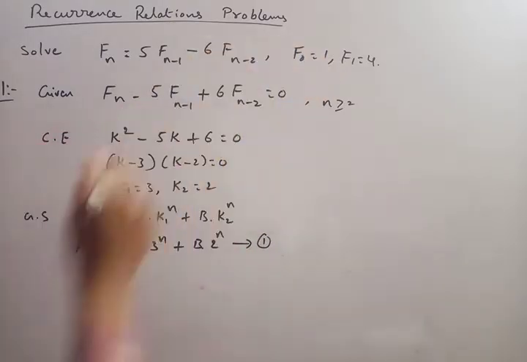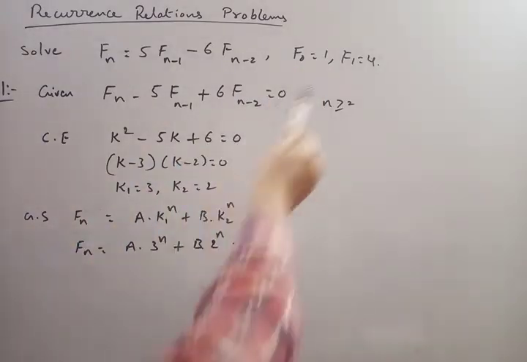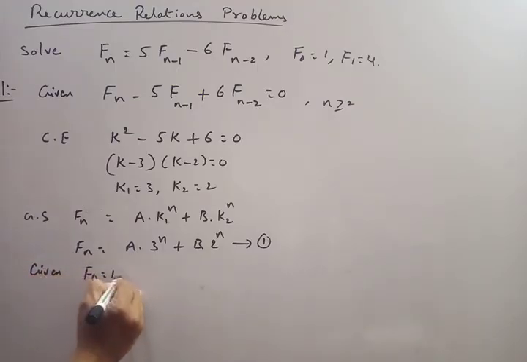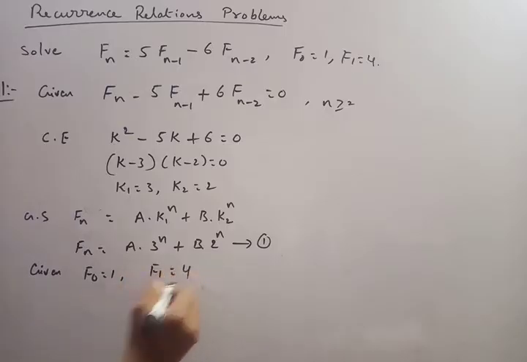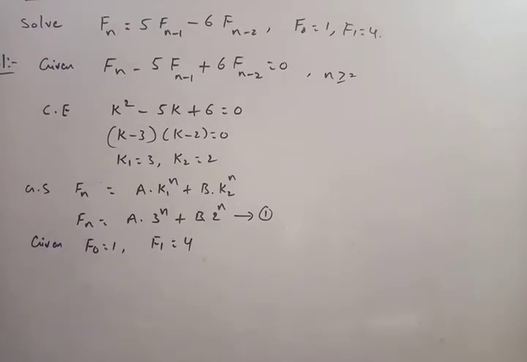He gave the initial conditions. What are the initial conditions? f0 = 1 and f1 = 4. Correct? Understand? That means in place of n we have to take 0.